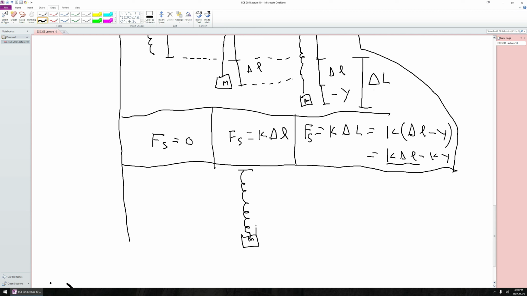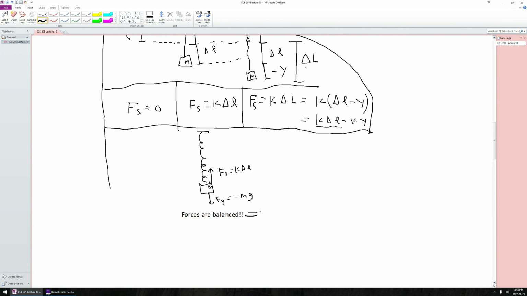So in this direction, I have my F sub s, which would just be K times delta L if it's at equilibrium. And then the other force that I have is this force from gravity, which is just minus m times g.